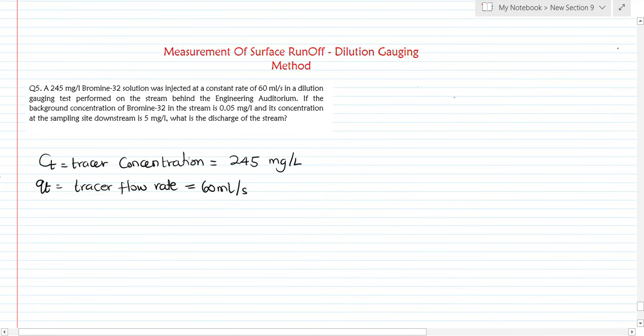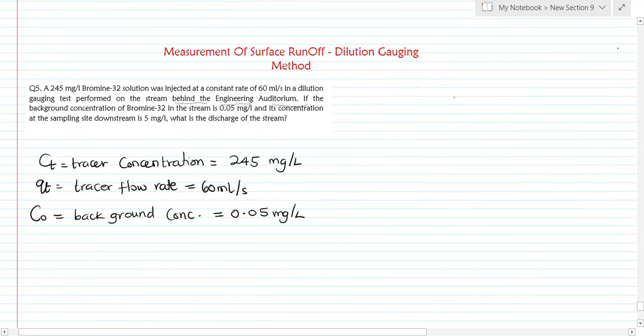In a dilution gauging test performed on the stream behind the engineering auditorium, the background concentration, that is C naught, of bromine 32 in the stream is 0.05 milligram per liter, and its concentration at the sampling site downstream is 5 milligrams per liter.